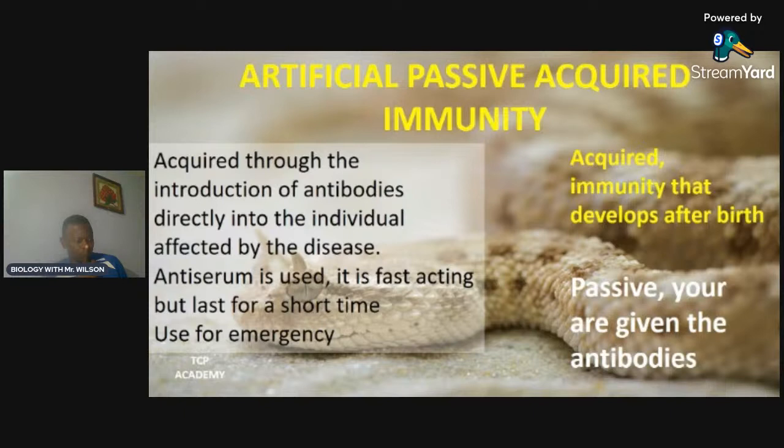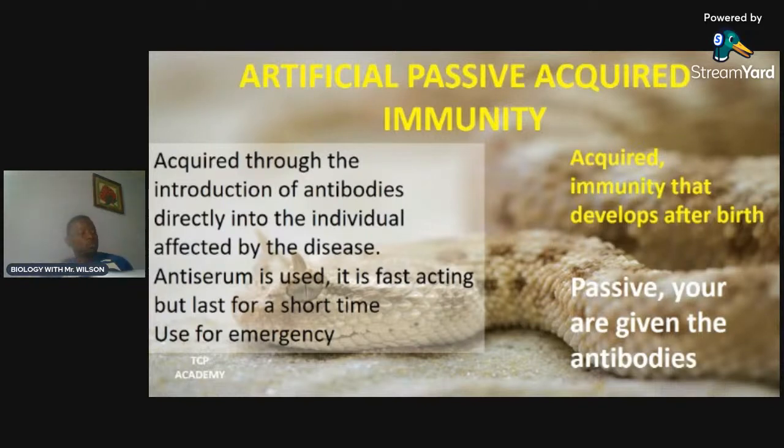So we have both on the screen, and we continue to emphasize that when you get to the exam, you can break down this long name, artificial passive acquired immunity. What does it mean? And if we were supposed to see passive acquired immunity, what does it mean? And if we were supposed to see passive immunity, what should we understand from this? So here we have broken it all down. We have given a meaning for all the words in the names, so you should be able to map this nicely when you get to the exam.